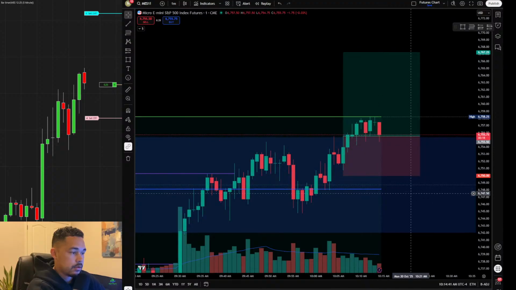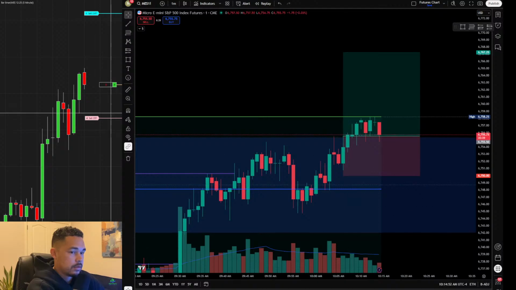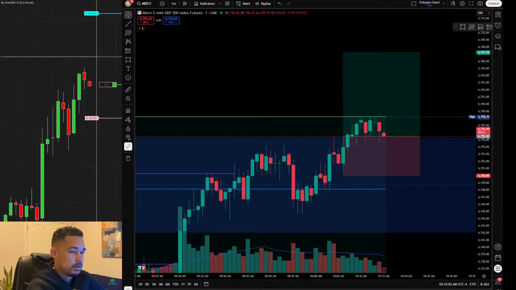See if we can get a stronger rejection on this 1 minute candle. So we do have, I would consider a 5 minute order block formed right here where price retested.